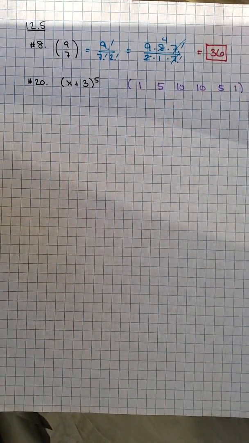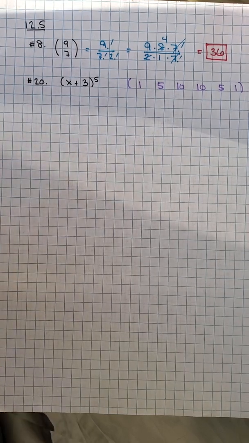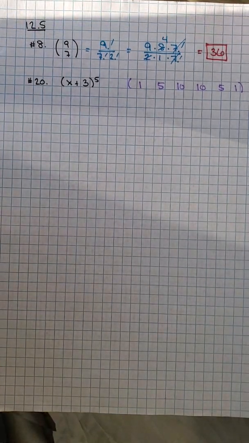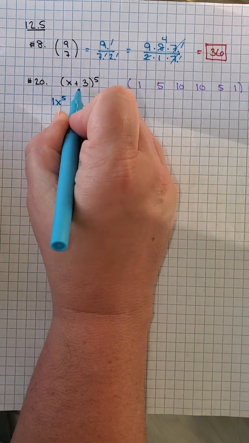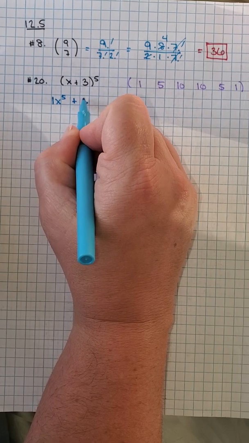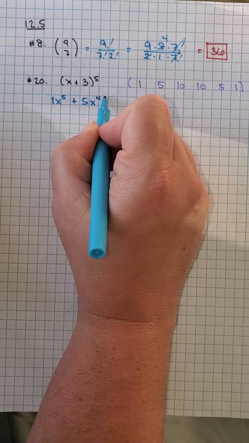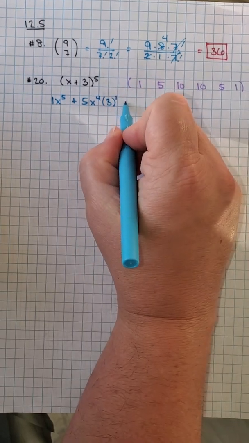Alright, so those are our coefficients. Our x will be the one that's counting down in powers. So we have 1, x to the 5, 3 is not brought in yet, plus 5, x is now to the 4, now we'll have 3 to the 1. Power is always adding to 5.